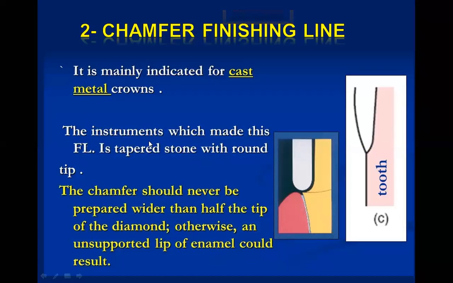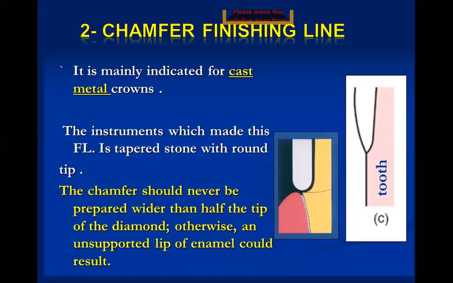Now, the instrument which makes this finishing line, as we said, is a tapered stone or diamond burr with a round end. Look at this picture. When we press half of this burr into the surface, we will create a chamfer or chamfer-like finishing line. It is very important to avoid pressing all of the tapered burr.